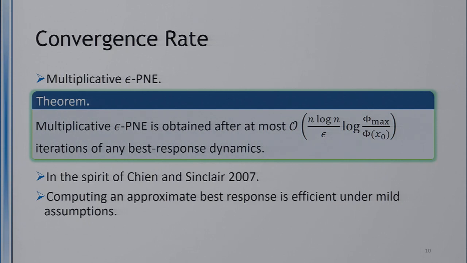And this is in the spirit of Chen and Sinclair, 2007. And we also show in the paper that in some cases it is reasonable to assume that an approximate best response can be computed efficiently by the players.